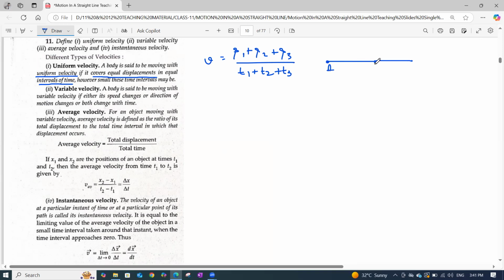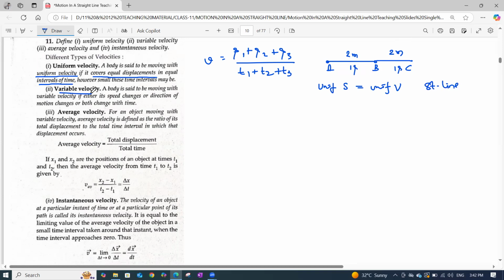Same thing, A, B, C. From A to B it is traveling 2 meters, B to C it is traveling 2 meters, in 1 second each. So now we can call the body traveling with equal displacements. And uniform speed and uniform velocity are both the same. What is the condition? The body should travel in a straight line.